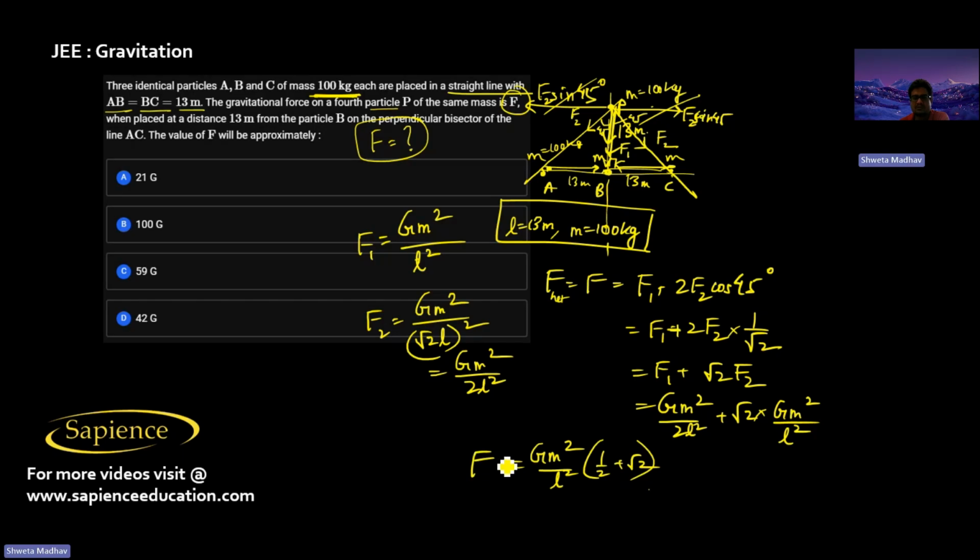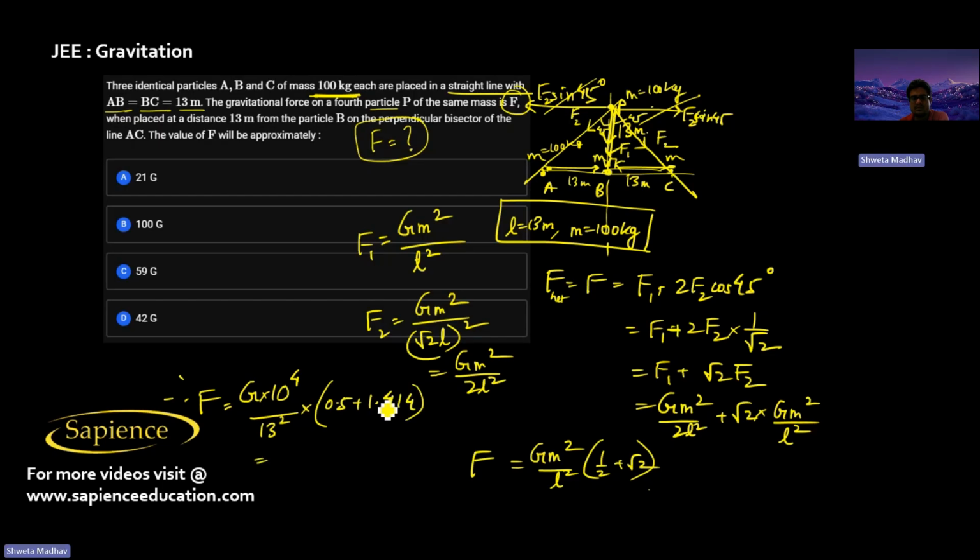So this is the net force F. Therefore, the force F will be equal to G into M square, that is 100 square, that is 10 power 4, divided by L square, that is 13 square, into half, that is 0.5 plus root 2, that is 1.414.